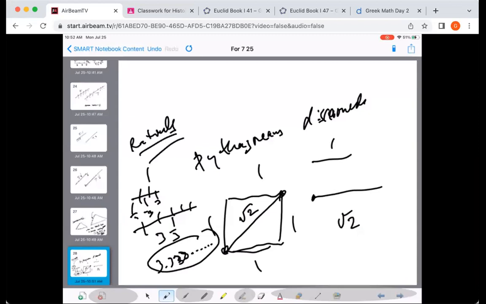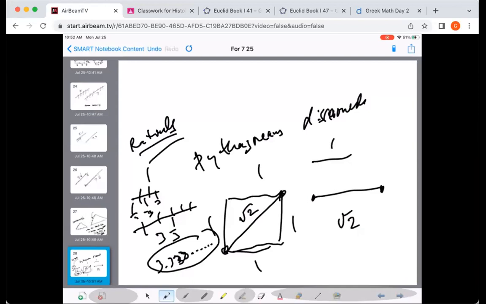But with irrational numbers, they realized and they proved that there is no common measure for square root of 2 and 1. No matter how small you want to make it, 0.0000, 10 million zeros and a 1, it doesn't go evenly into square root of 2.